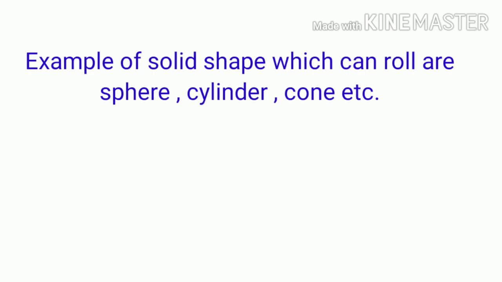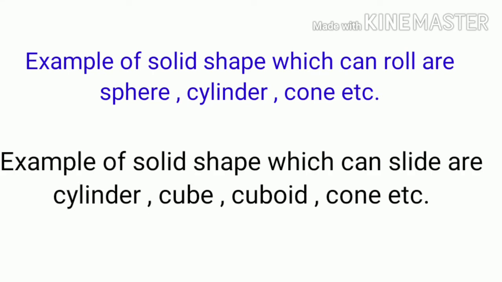Examples of solid shapes which can roll are sphere, cylinder, cone, etc. Examples of solid shapes which can slide are cylinder, cube, cuboid, cone, etc.